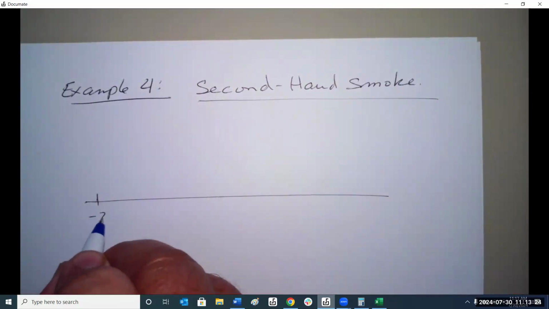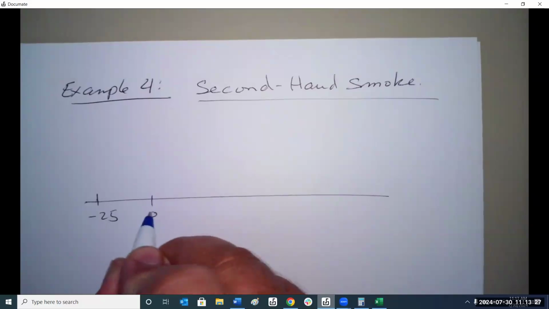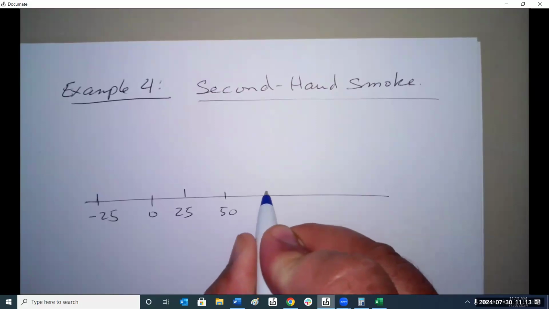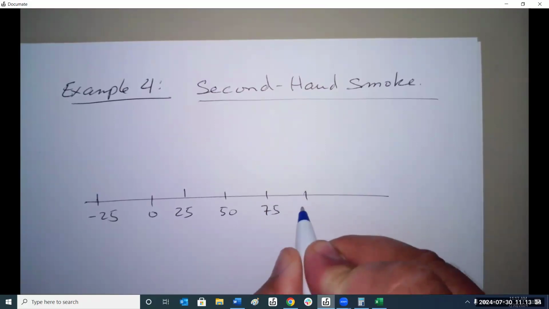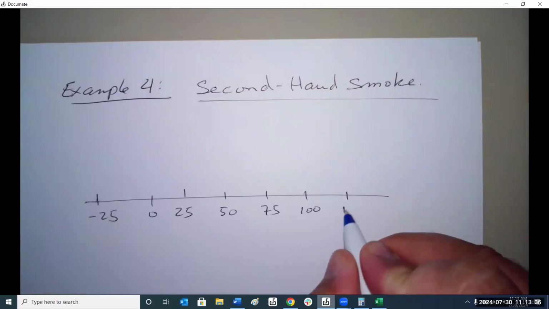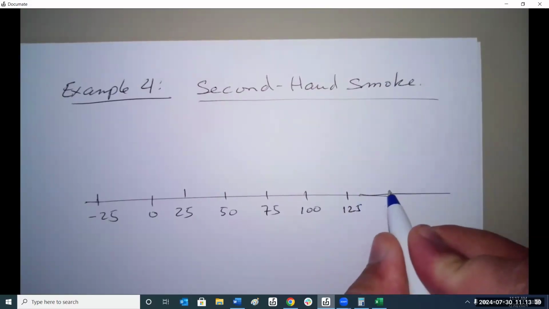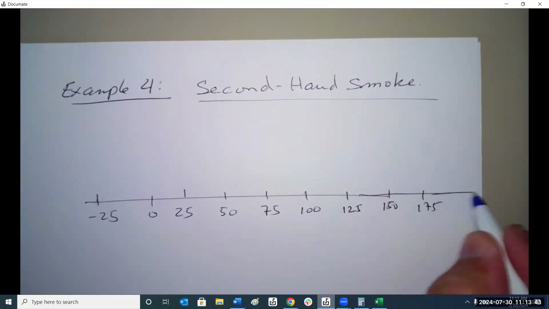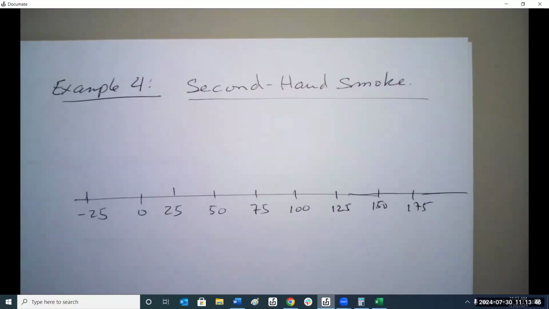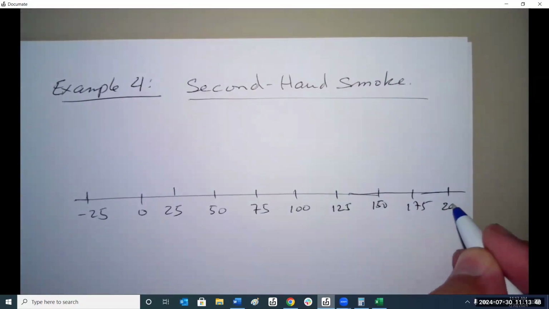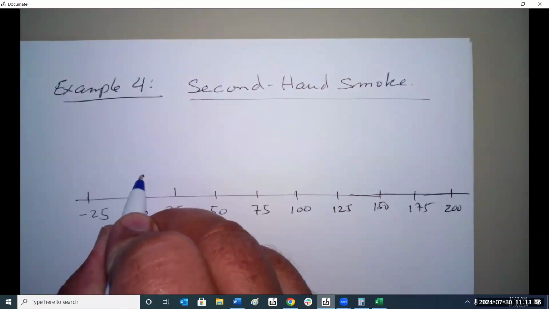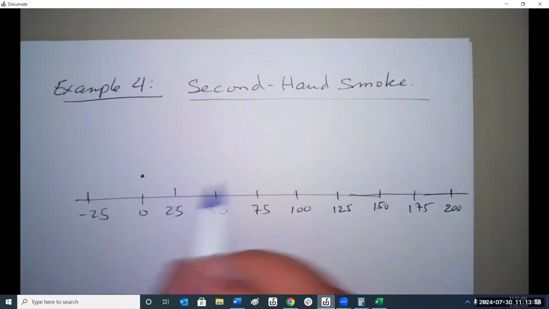We have negative 25, 0, 25, 50, 75, 100, 125, 150, 175, 200, 225. I ran out of room. Oops, should have started earlier. All right, what this one says, we have one group of data that goes from 0 to 50.